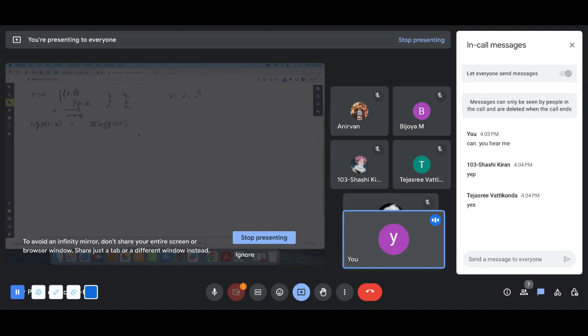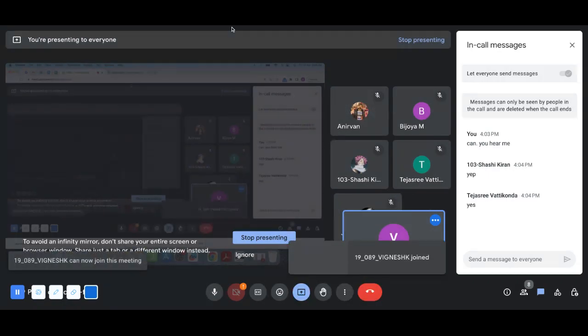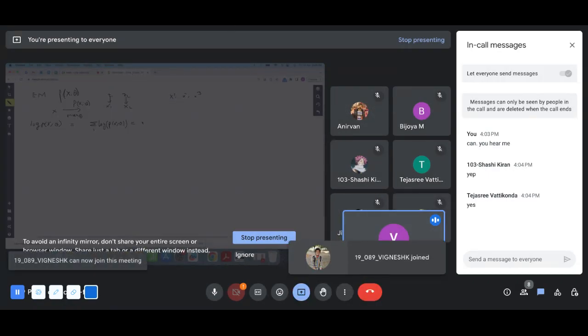Now, because there are hidden variables inside that you don't have any information about, you expand this.